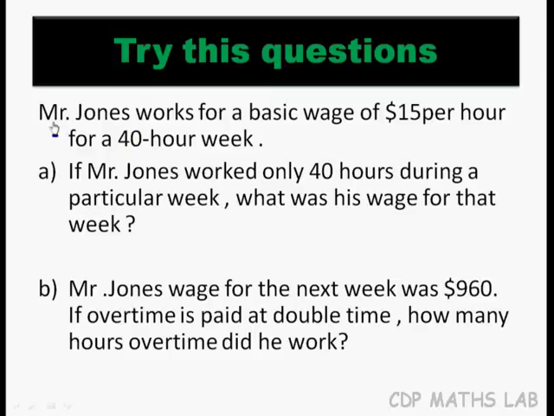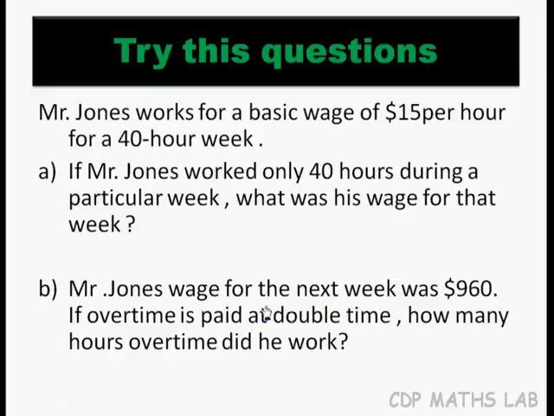Okay, Mr. Jones works for a basic wage of $15 per hour for a 40-hour week. Part A. If Mr. Jones worked only 40 hours during a particular week, what was his wage for that week? Part B. Mr. Jones' wage for the next week was $960.